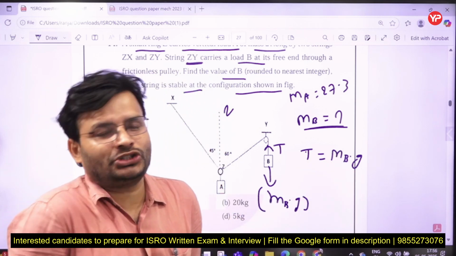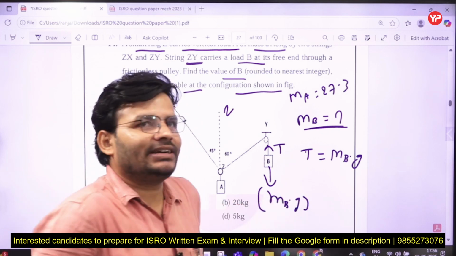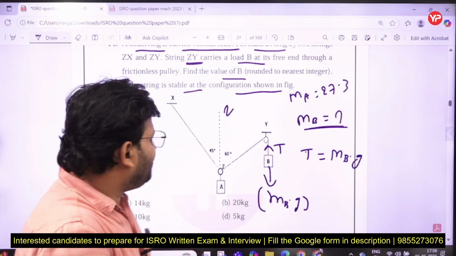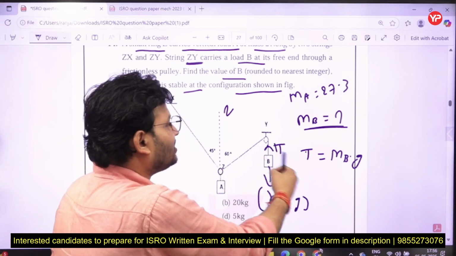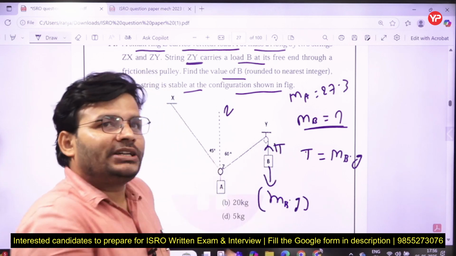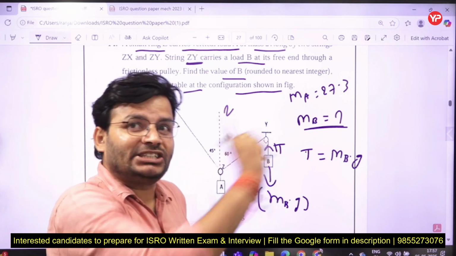That is the only approach. Now the question is how I can calculate that tension here. Sir, ZY is a single rope, and in a single rope, tension is the same everywhere.